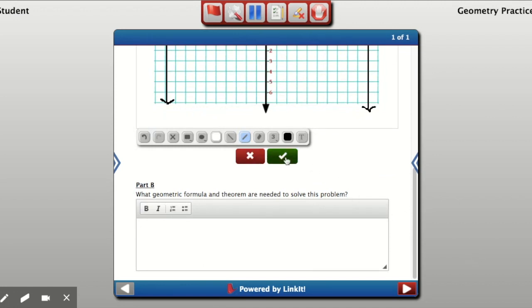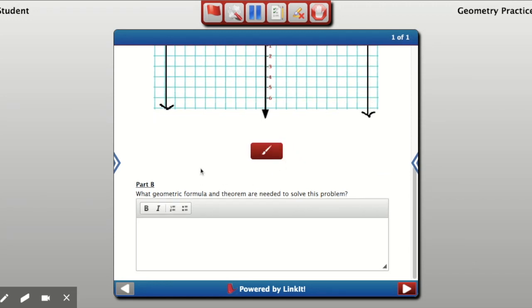So first I'm going to submit my answer by clicking this green check mark. And I'm going to enter some information down here below. First thing I knew was that the area was equal to 20 square units.